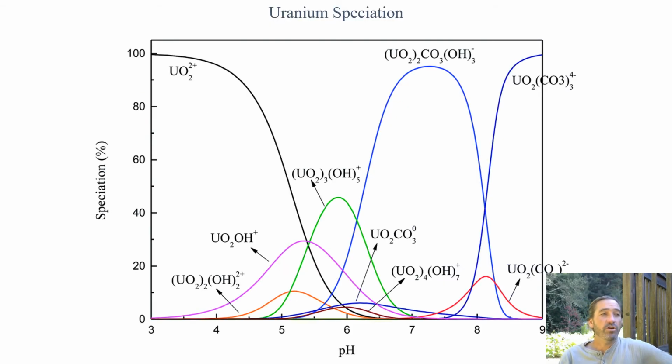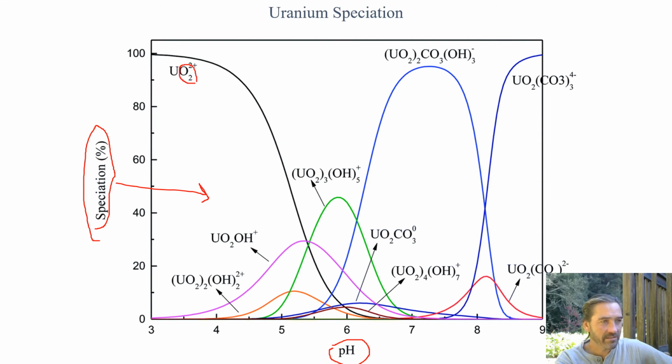So this figure just shows uranium speciation in nature. So we have speciation versus pH, and all is meant by speciation is what form the uranium is in at different pHs. And again, what we see in nature is that uranium likes to be with oxygen.